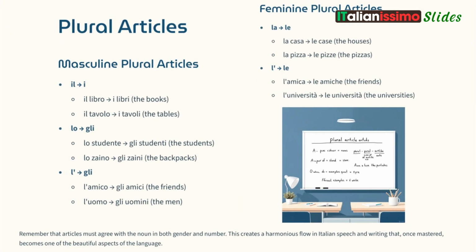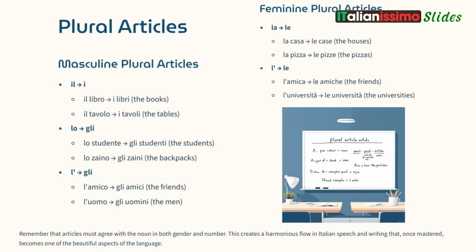Plural articles. Masculine: il goes to i, like il libro, i libri, il tavolo, i tavoli. Lo goes to gli, like lo studente, gli studenti, lo zaino, gli zaini.